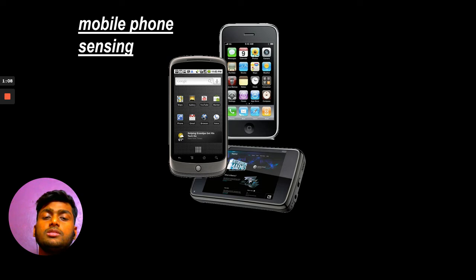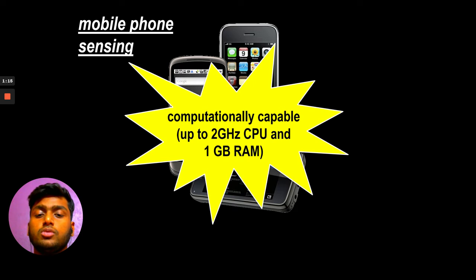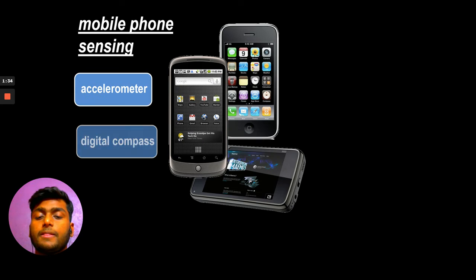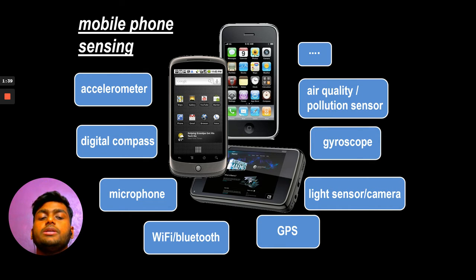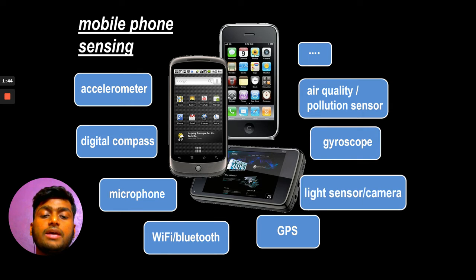As you know, the mobile phone is the most basic and yet most touched technology we all use 24/7. In mobile phones, the minimum requirements for the technology are 2 gigahertz of CPU and 1 GB of RAM. Although nowadays we use much higher end specs and high-end phones, these are the basic requirements for various sensors like accelerometer, digital compass, microphone, Wi-Fi, Bluetooth, air quality, gyroscope, GPS, and lastly, and definitely not the least, camera.